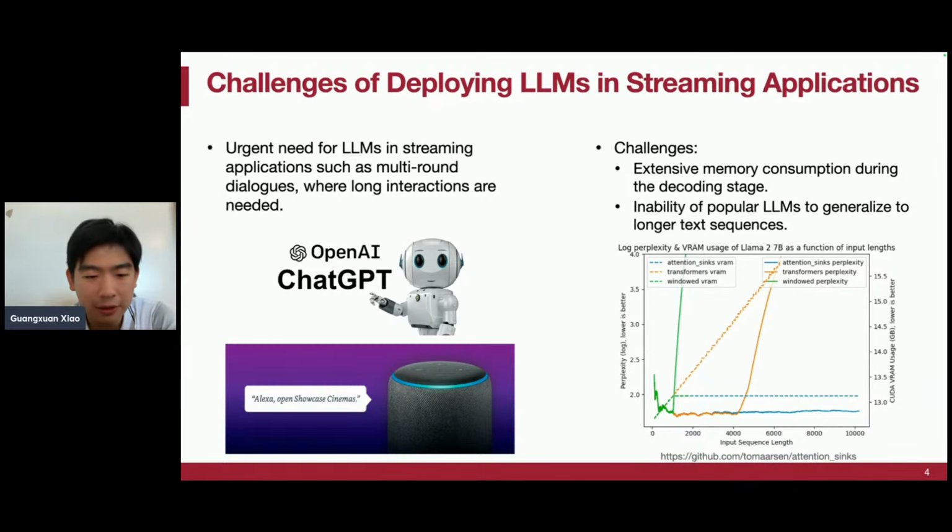If the perplexity shoots up, it means the model output can no longer be trusted, and it's no longer even natural language. So we cannot deploy these models on sequences longer than the pre-training limit. Even if your GPU can hold 4K sequences, you cannot deploy these models on sequences longer than 4K because your model hasn't seen them.